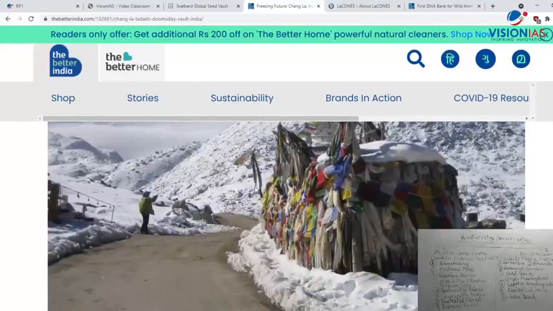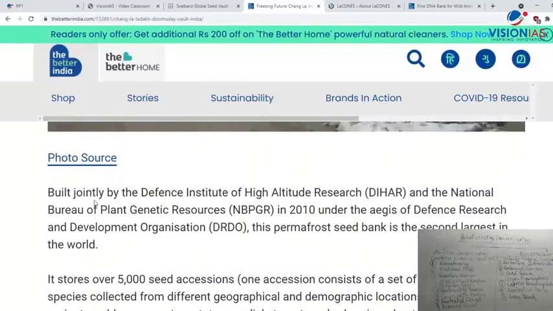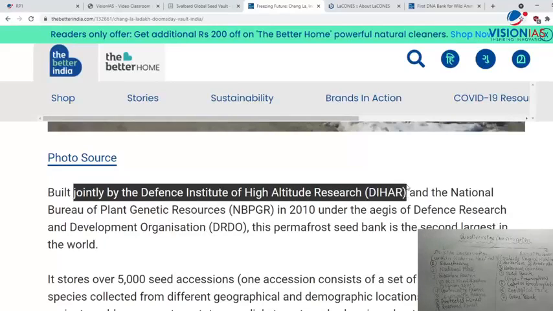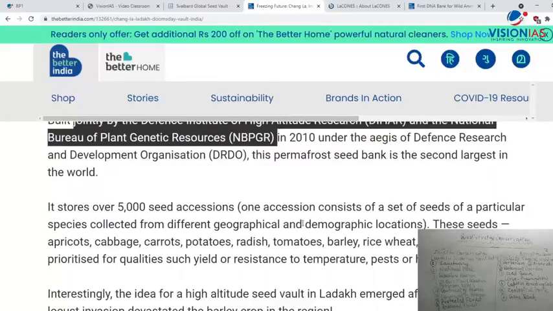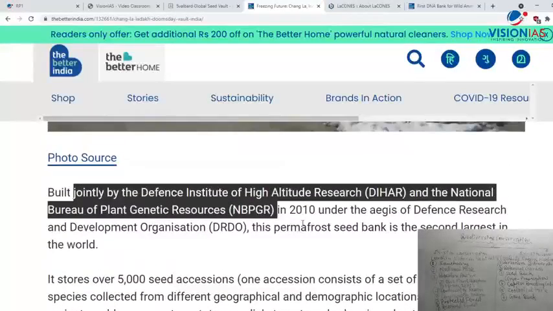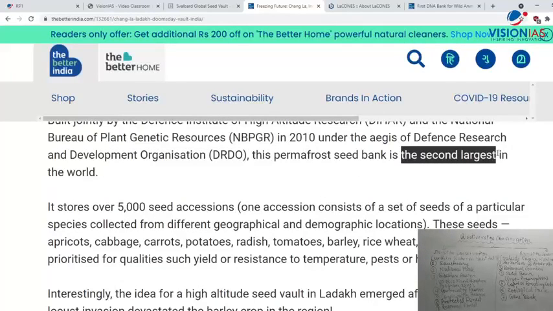It was created jointly by the Defence Institute of High Altitude Research, DIHAR, a lab of DRDO, and the National Bureau of Plant Genetic Resources. In 2010, under the DRDO, India's doomsday vault was created in Ladakh, the world's second biggest, as you can see.